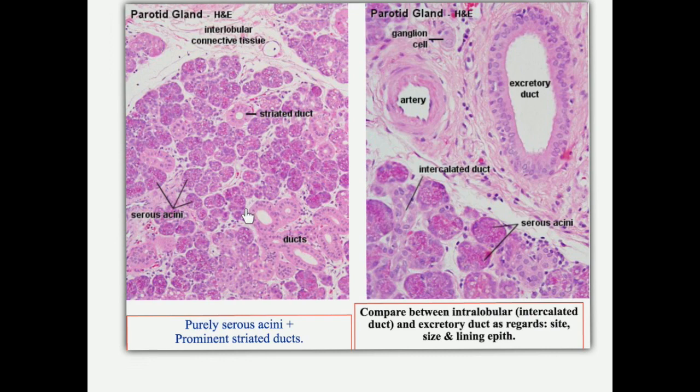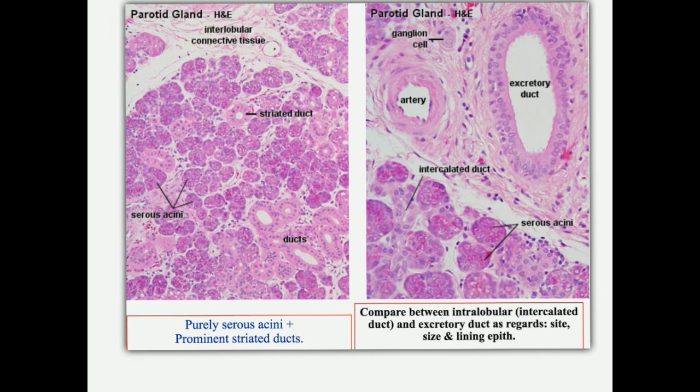What cell do you expect to find in this connective tissue? It is the plasma cell, to produce immunoglobulin A that passes also to the saliva to help in the immune defense against any pathogens in the oral cavity.